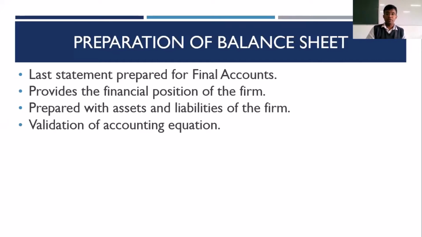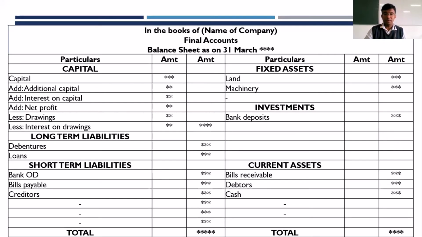Moving forward, now we will be discussing the format of the balance sheet. There are different formats of balance sheet, which would vary in terms of how exactly the items are placed within the balance sheet.